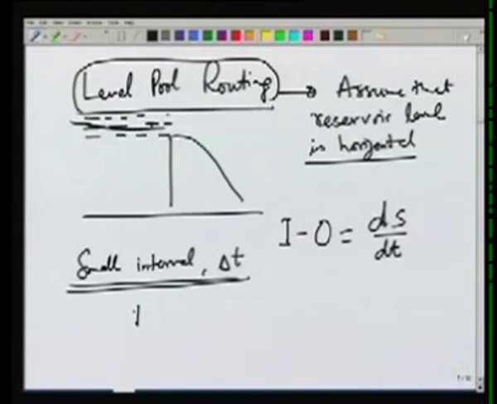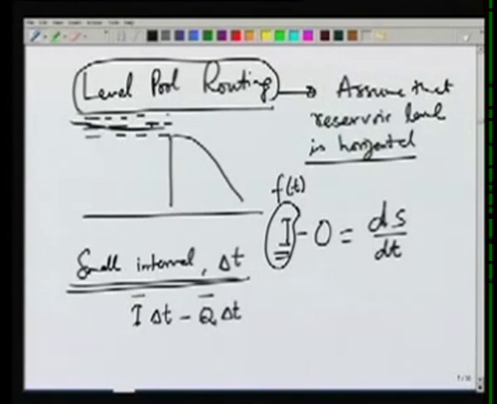The inflow which comes in can be written as some average inflow, because I changes with time, and therefore during the finite time interval of delta t we can write some I bar as the average inflow, minus, similarly, some average outflow, and now let's use the symbol Q for the outflow.